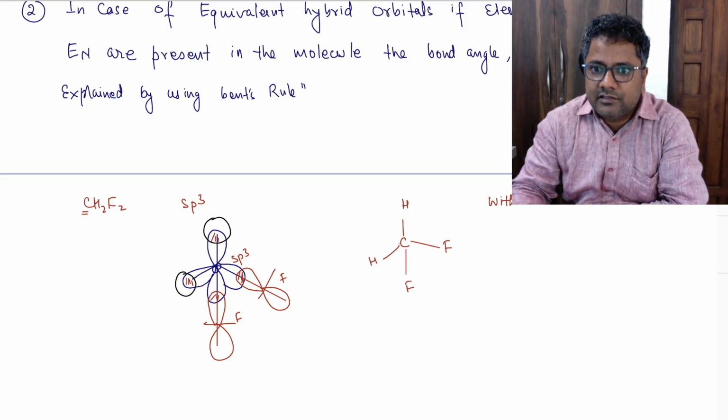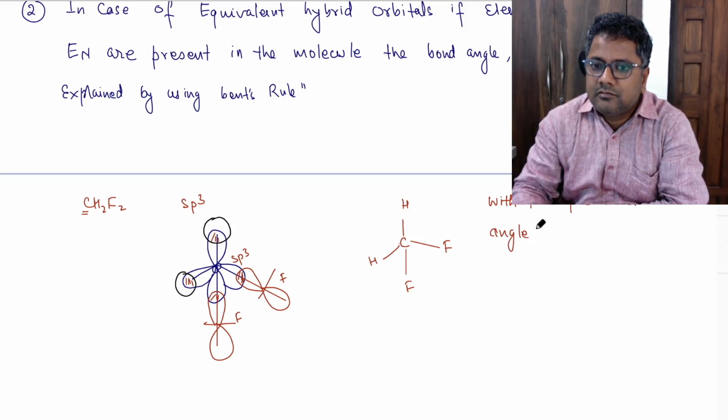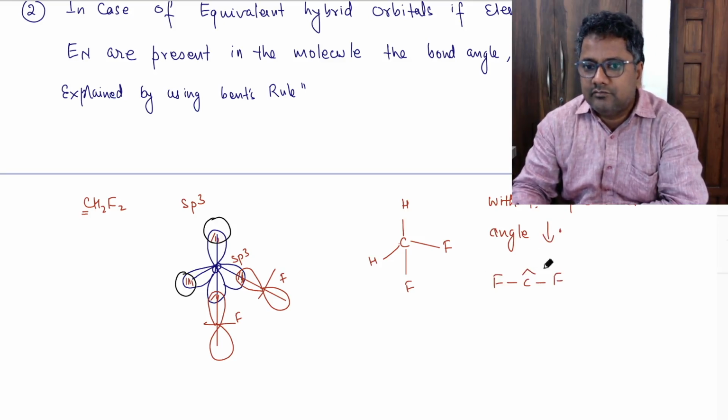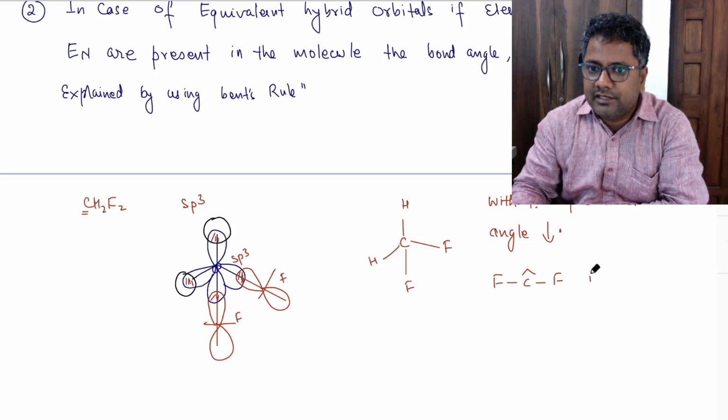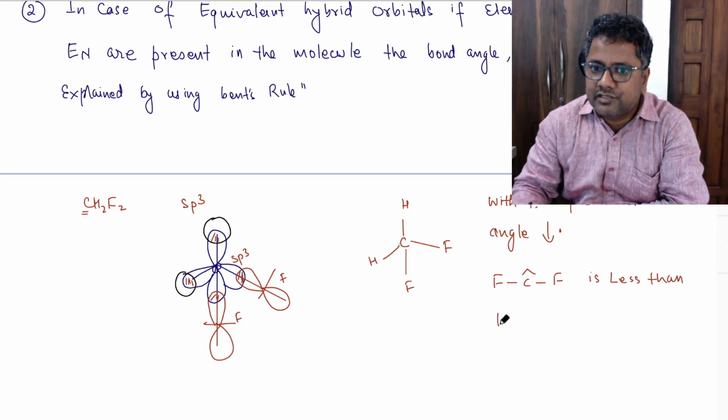So with increase in p character, bond angle decreases, right? So FCF bond angle is less than HCH bond angle.